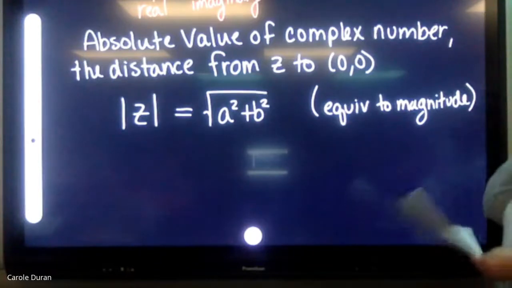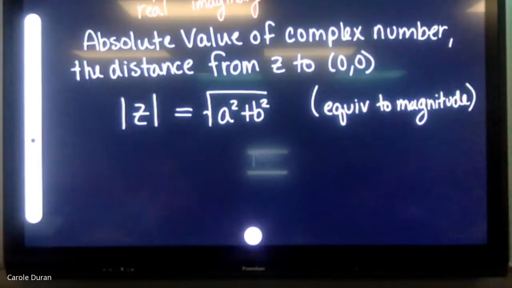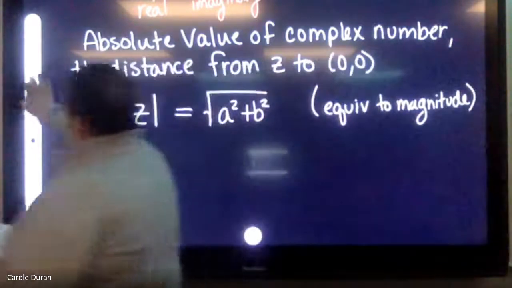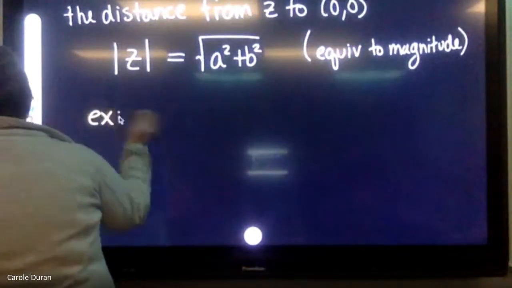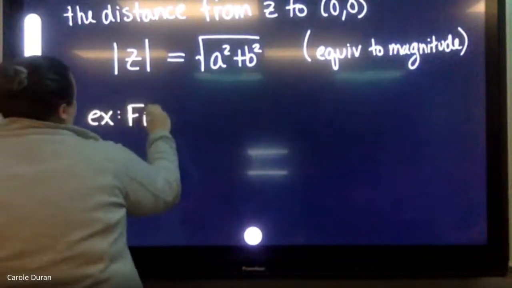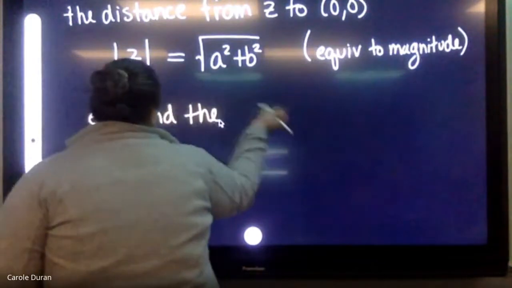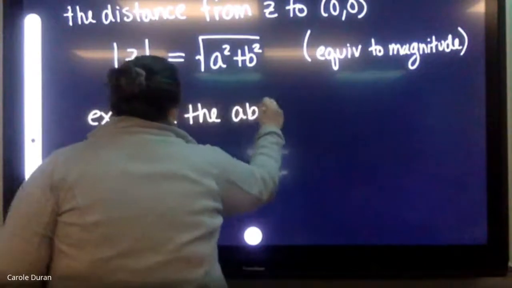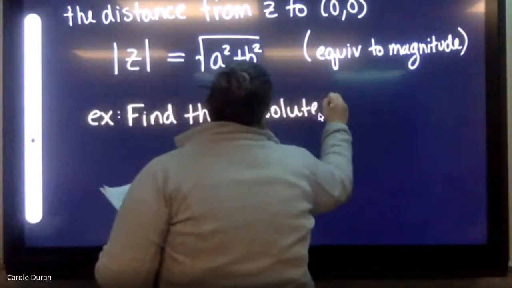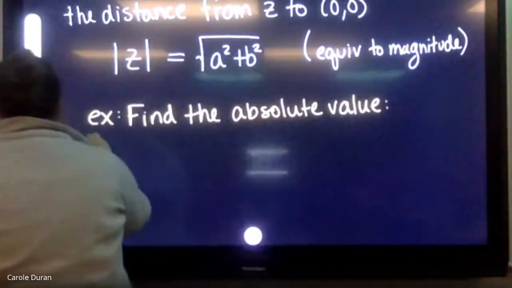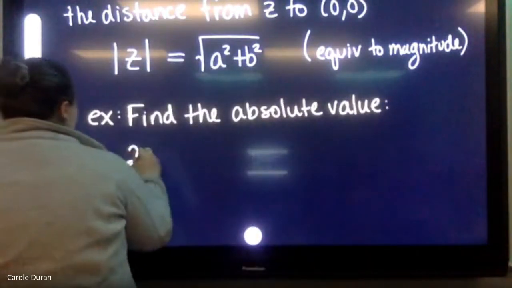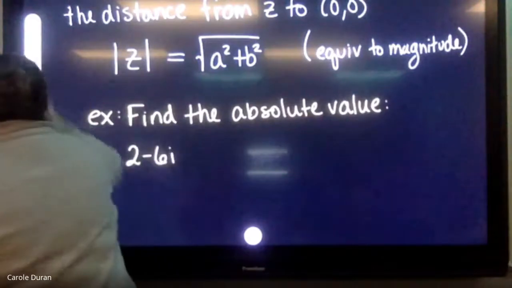So what we're going to do is we're just going to practice finding this absolute value or this distance with different complex numbers. So for these examples, we're going to find the absolute value for the given complex numbers. The first one we're going to start with is 2 minus 6i.